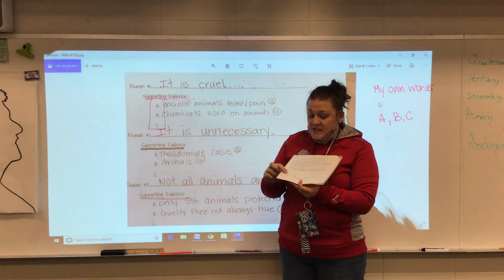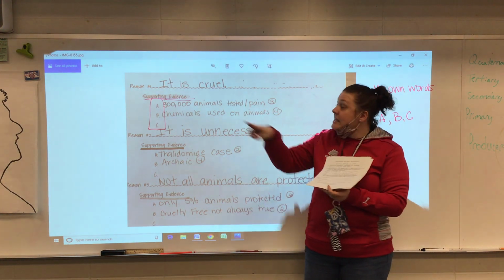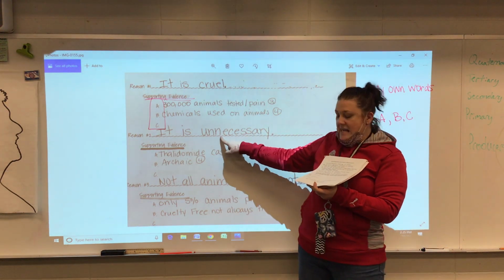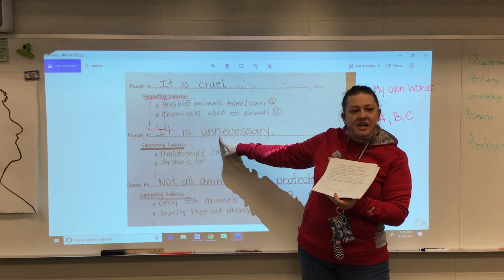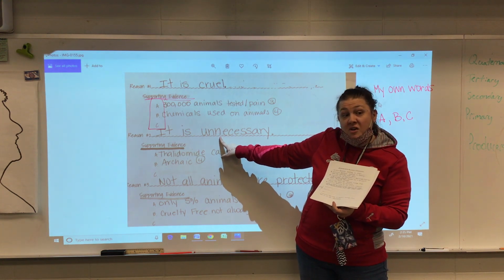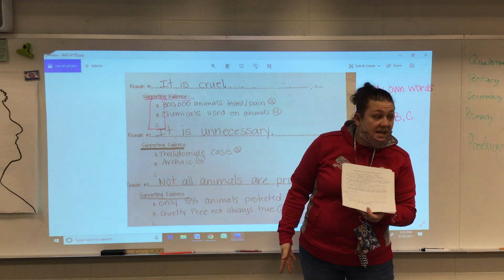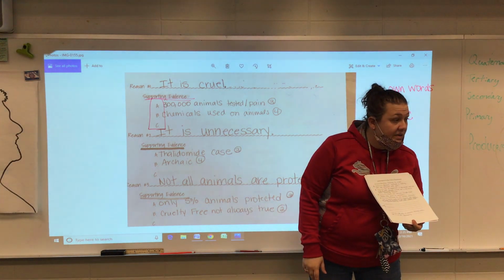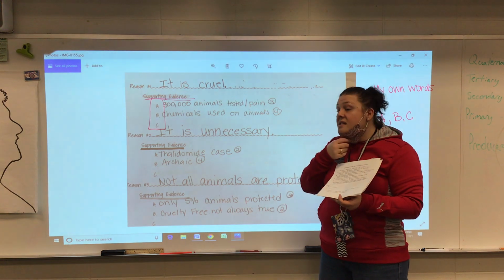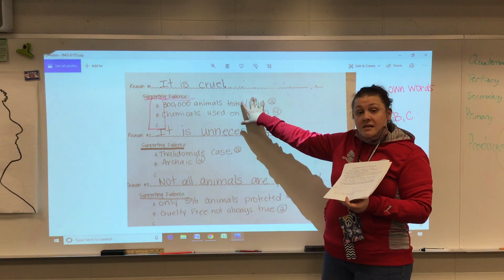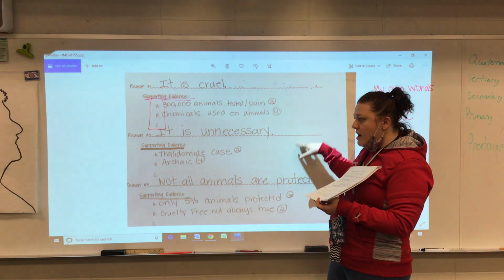So, my transition sentence. Not only is animal testing cruel, but it is not necessary. Because what is my second paragraph going to be about? How animal testing is not necessary, how it's unnecessary, right? So my transition sentence is part of that first paragraph. While animal testing is cruel, it is also unnecessary.